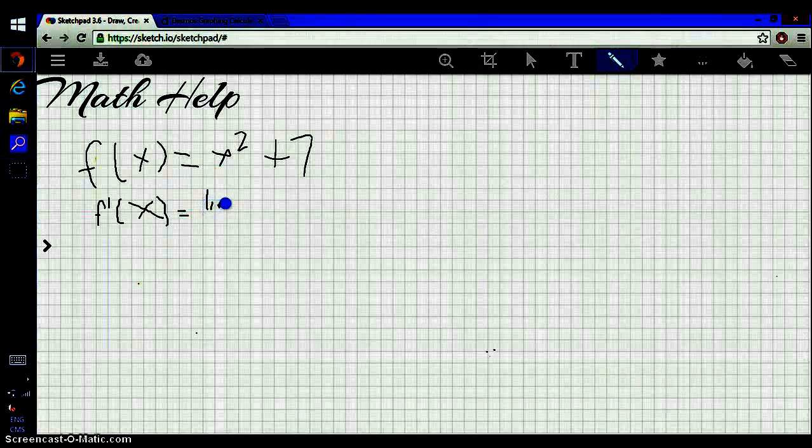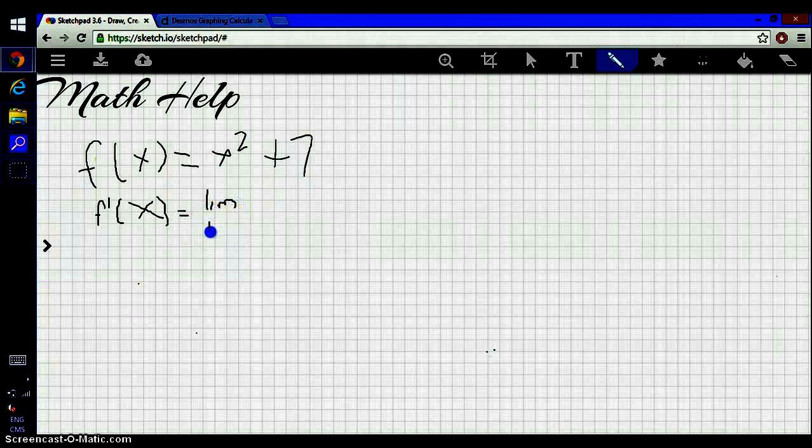So f prime of x is equal to the limit as h approaches 0.